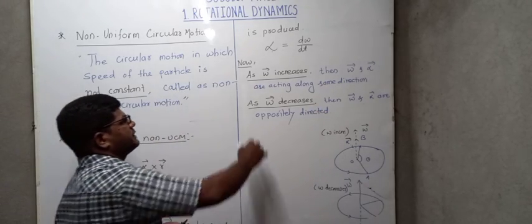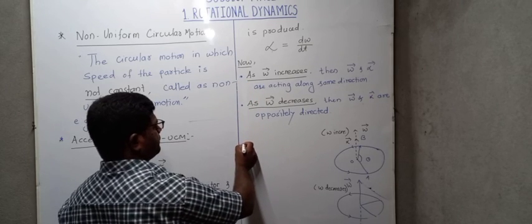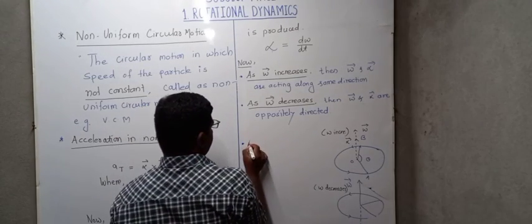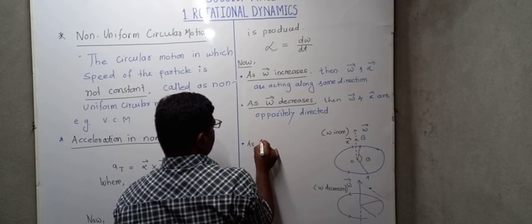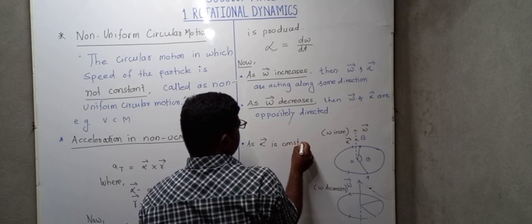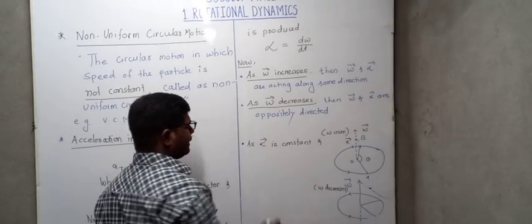And the last case, which is the third one: what happens when alpha bar is constant and acting along the axis?